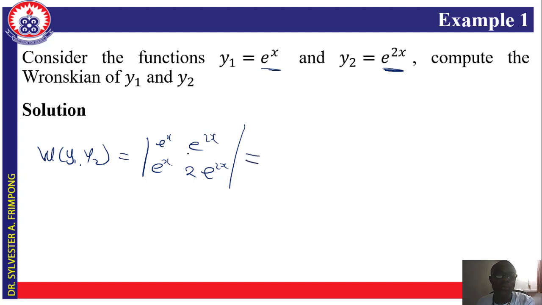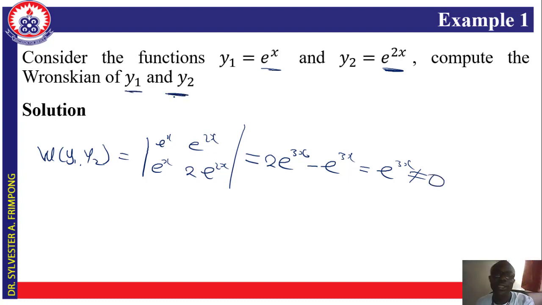Now, if you compute the Wronskian, this time this will give you 2 e raised to power 3x, minus this time e raised to power 3x. And this is e raised to power 3x. This is not equal to 0. So you can see that these two functions are linearly independent.